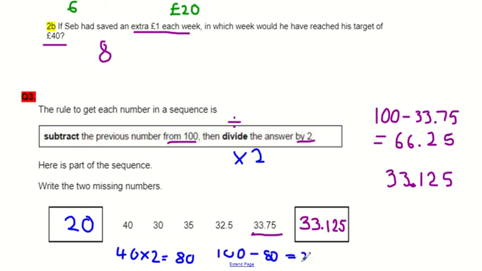Now I can check if I've got that right by following the rule. So the number before 40 is 20. So it says subtract the previous number from 100. So 100 subtract 20 is 80. Divide the answer by 2. 80 divided by 2 is 40. So I know that I've got that correct.